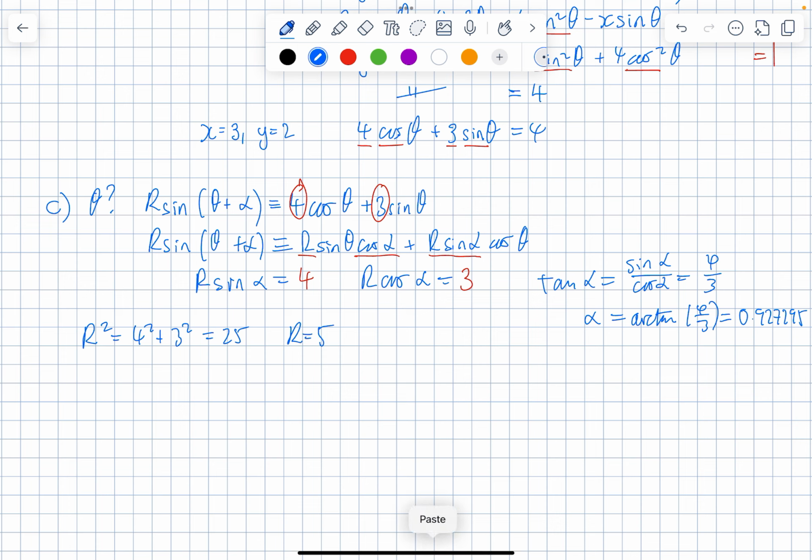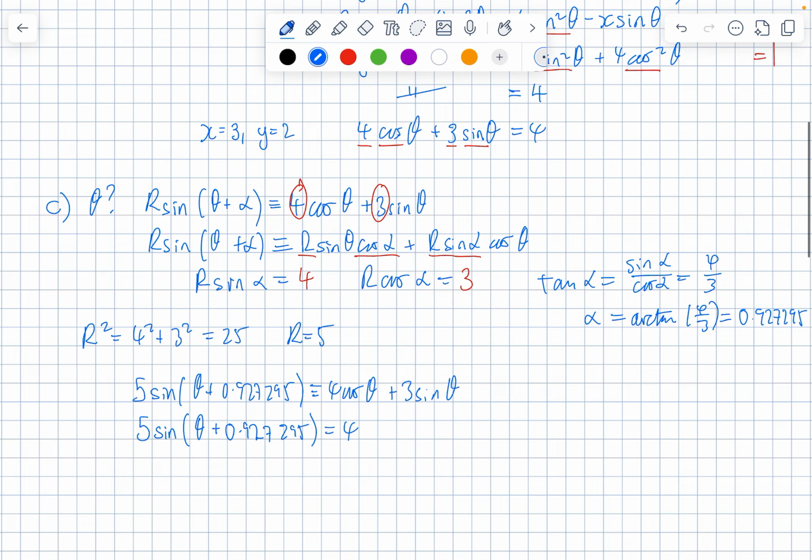So now we can write it as 5 sine of theta plus 0.927295, which is the same thing as 4 cos theta plus 3 sine theta. Now we can try and solve this because we want to find values for A and B. So 5 sine of theta plus 0.927295 is equal to 4, remember, that's what we were given before.